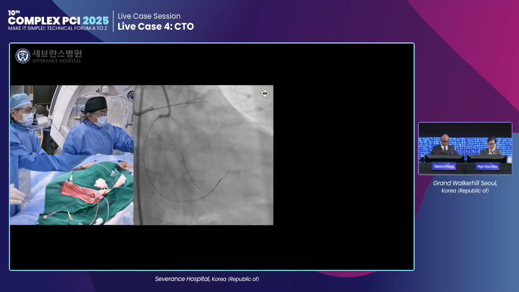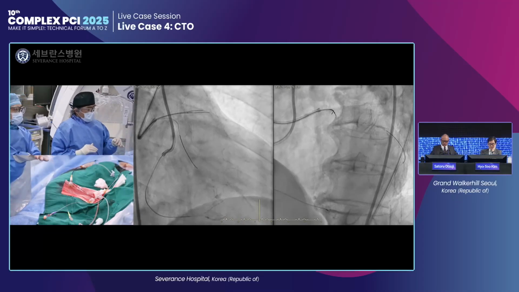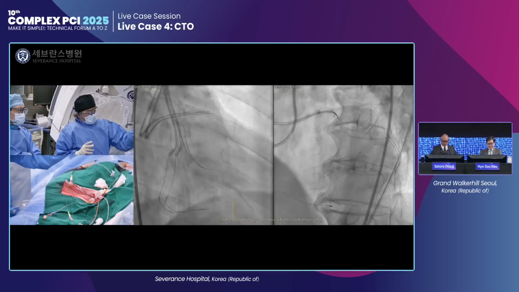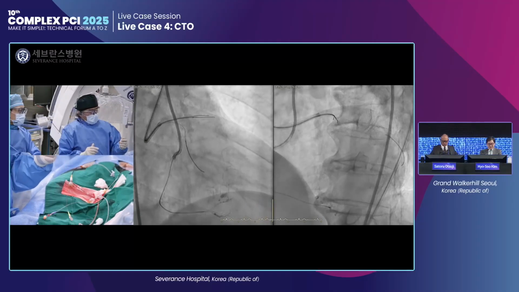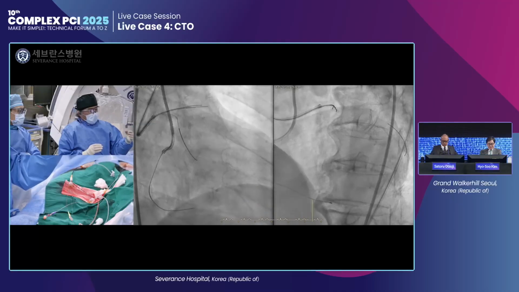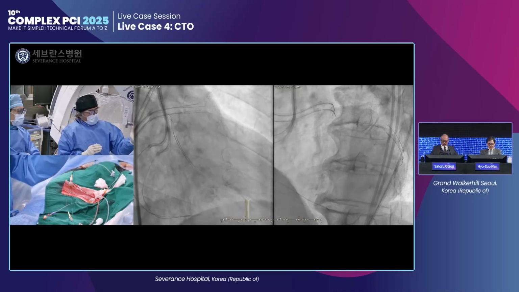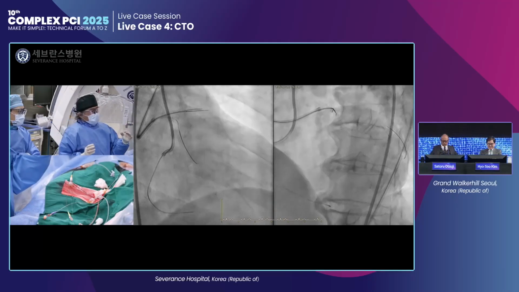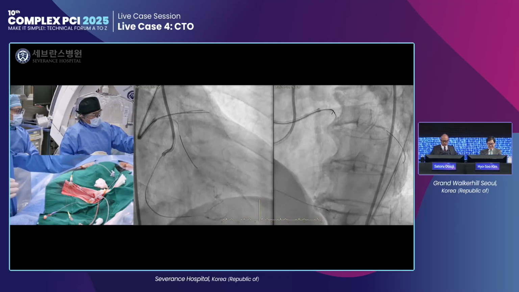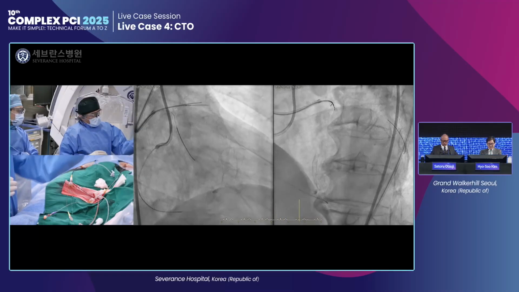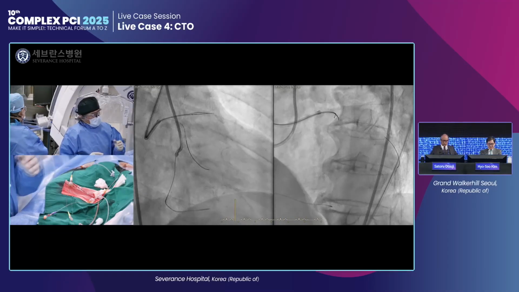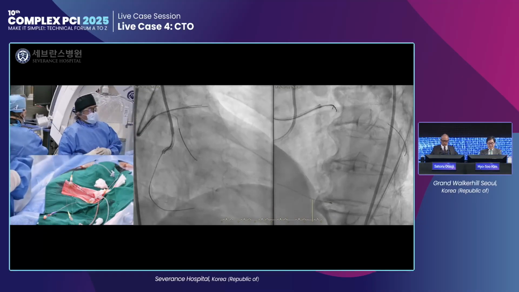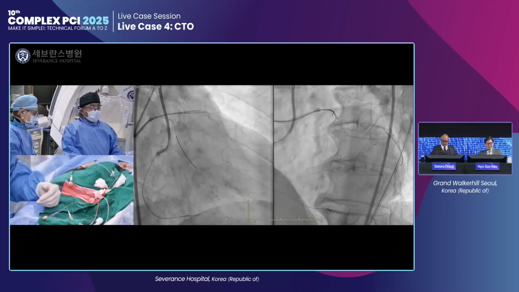So this is the injection. Maybe during the antegrade preparations, the previous retrograde wiring went to a different location. So I should have paid more attention. Anyway, at that ruptured portion and the distal portion, we can see some different route. I'm going to use that channel for the retrograde channel.